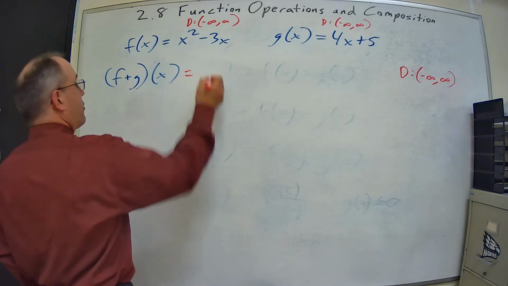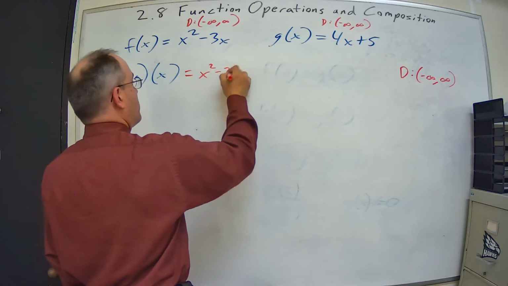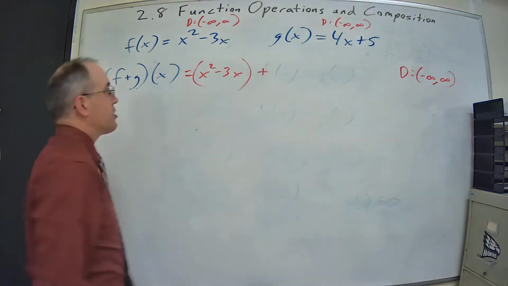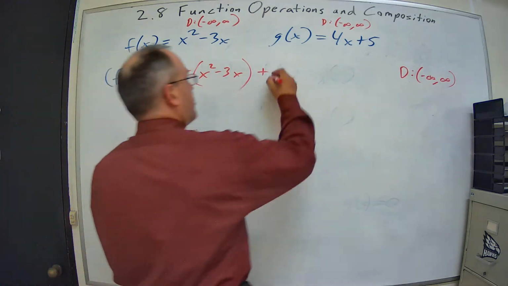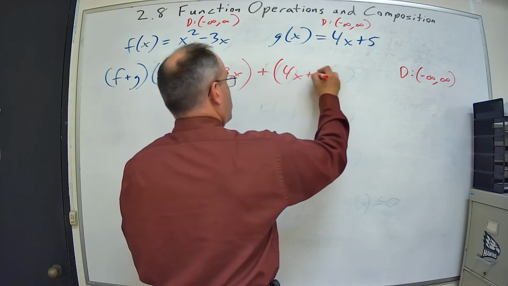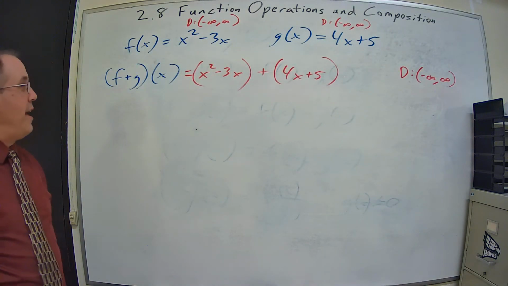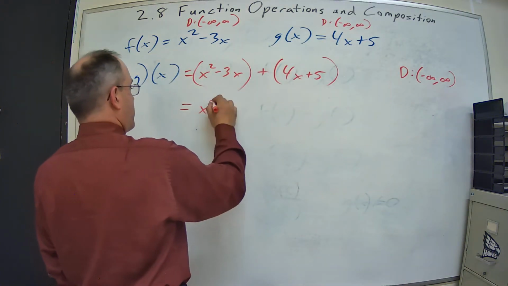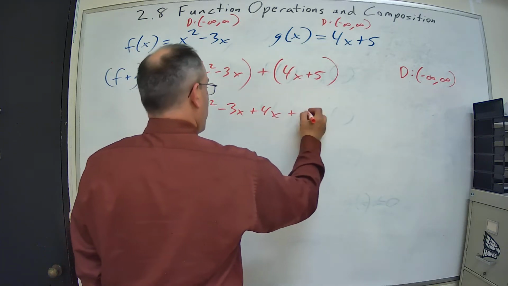So now we're just going to add them together. So it's x squared minus 3x, and I'm going to put parentheses in here just to clarify that we're taking f of x plus g of x, 4x plus 5. So we have that. Now, obviously, I can get rid of those parentheses and just leave us with x squared minus 3x plus 4x plus 5.